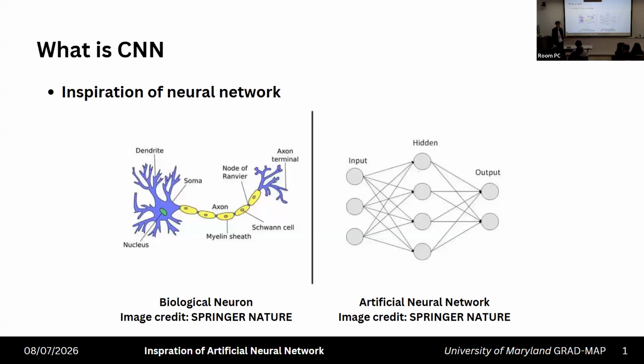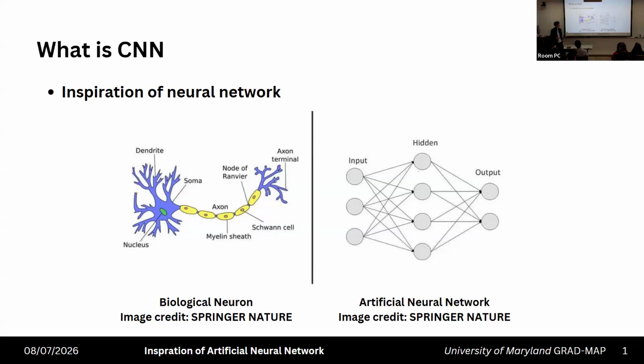The inspiration of it is based on our biological neuron, which has these tentacles to get input in, then it processes that input and transmits it to here, which is our output. And an artificial neural network is based on that idea: they take input, do calculations, and then transmit via those arrows, and they will have the output at the end.